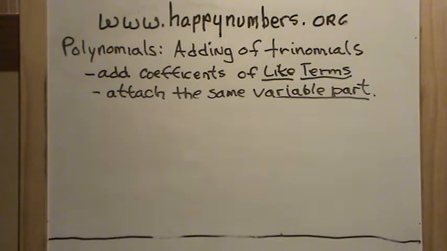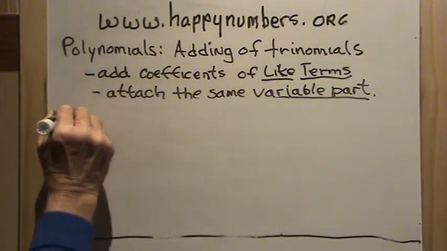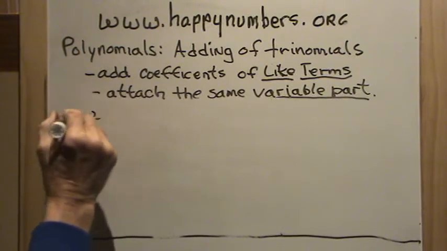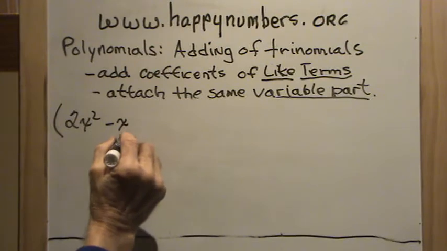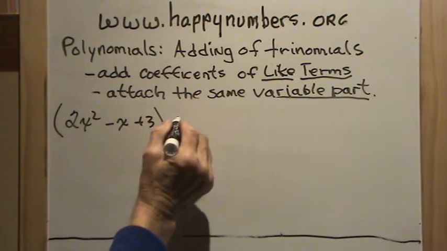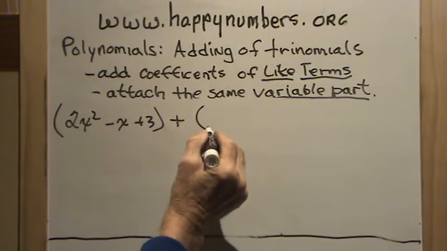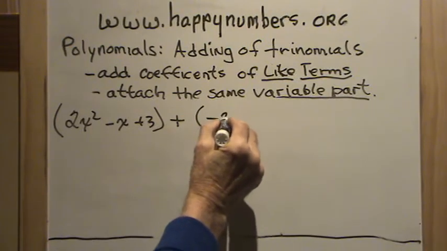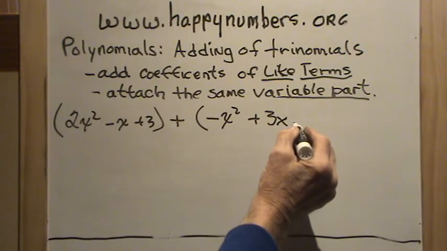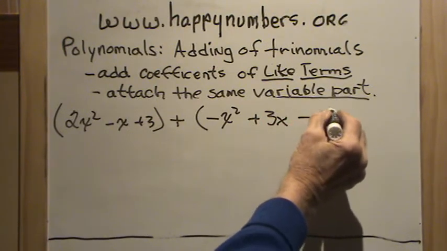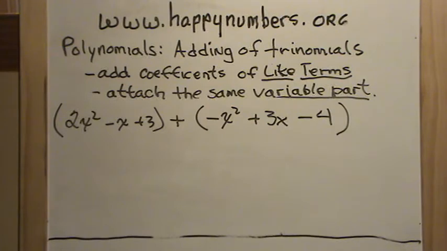All right, let's look at this. 2x squared minus x plus 3 plus negative x squared plus 3x minus 4. Go ahead and put your DVD on hold, or pause, and work that problem, and then we will take a look at the solution.